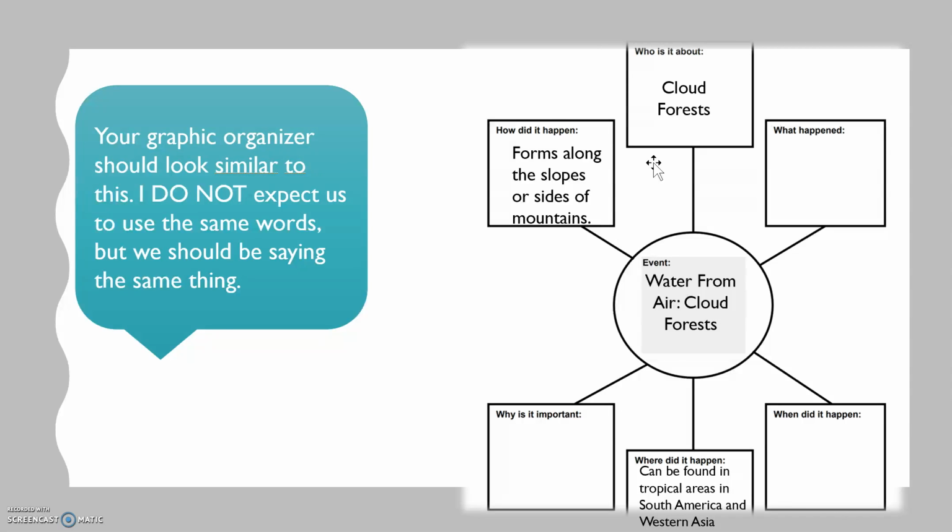And so as I read the passage, we should have come up with, well, how do cloud forests happen? Well, they form along the slopes or sides of mountains. Where can they be found? Or where did it happen? Well, they can be found in tropical areas in South America and Western Asia. And for you all, you may have put that specific place that they named in the passage, and that is fine.